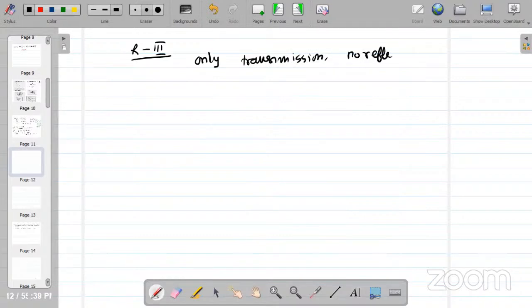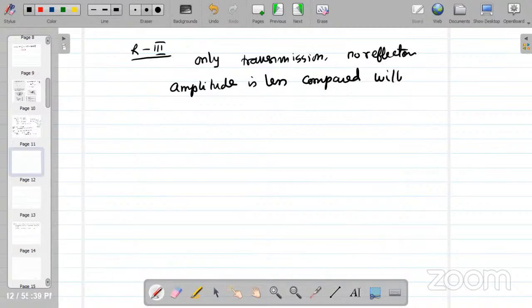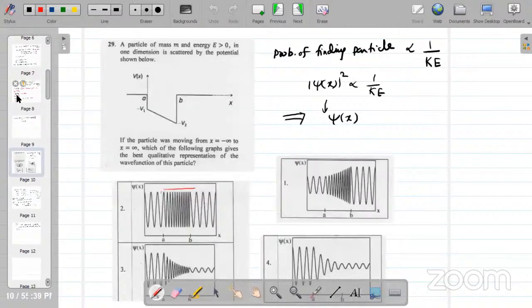So the amplitude is less compared with the earlier region. So without solving the Schrodinger equation, by just using some important properties, we could be able to reduce that.